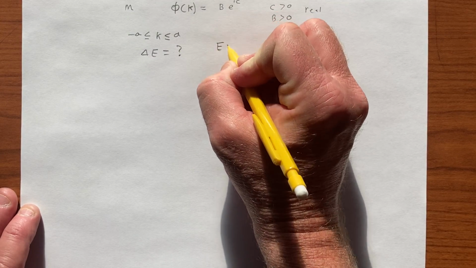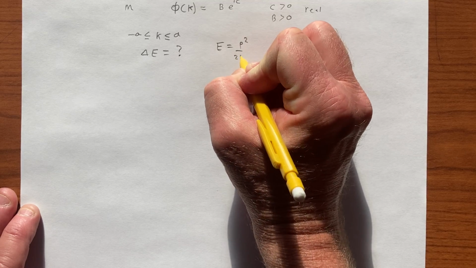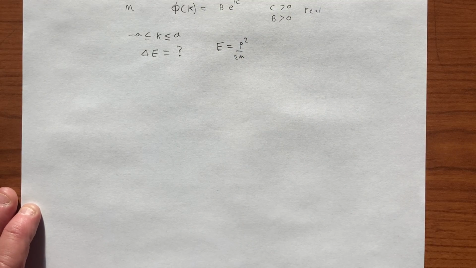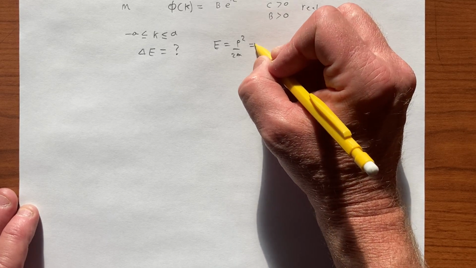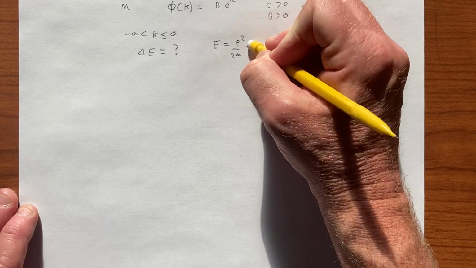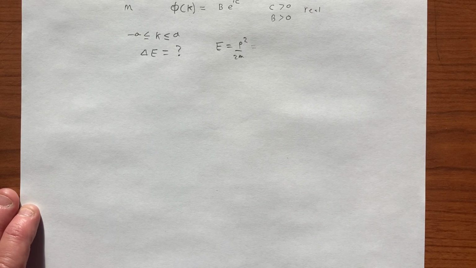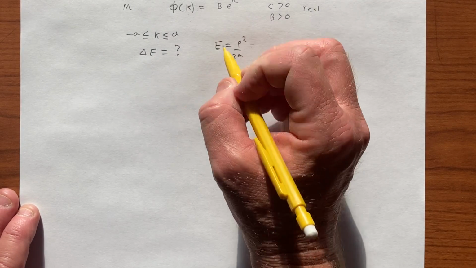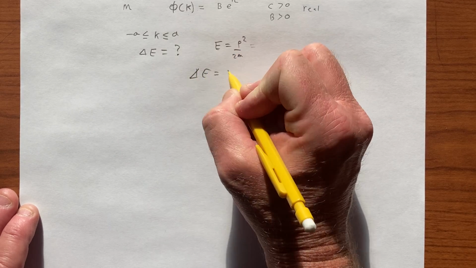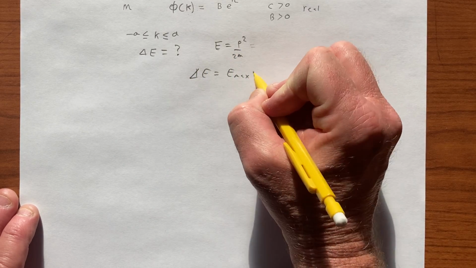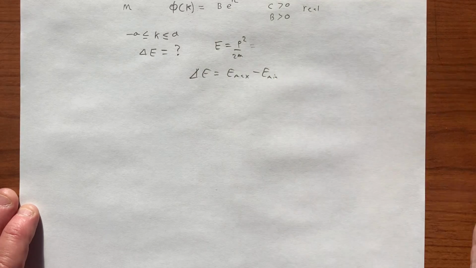So we just use the relationship between the momentum and the energy. And so in this case, we have that's the relationship, but what we want is the range of possible values of energy. So we want the delta E, which is E, the highest value minus the lowest value.